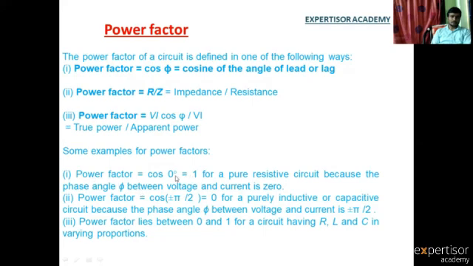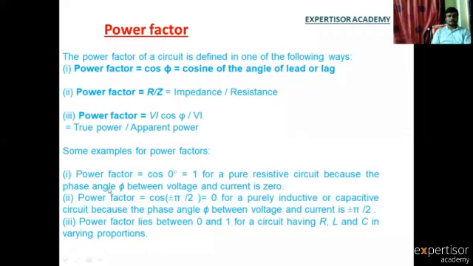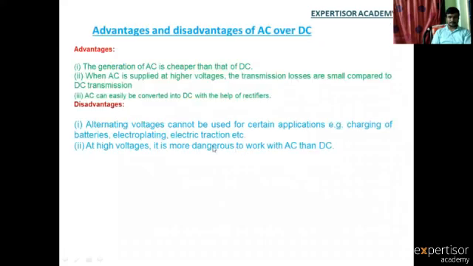So here cos 0 degree is equal to 1 for a pure resistive circuit, and cos plus or minus pi by 2 is equal to 0. These are the examples for evaluation of the power factors.